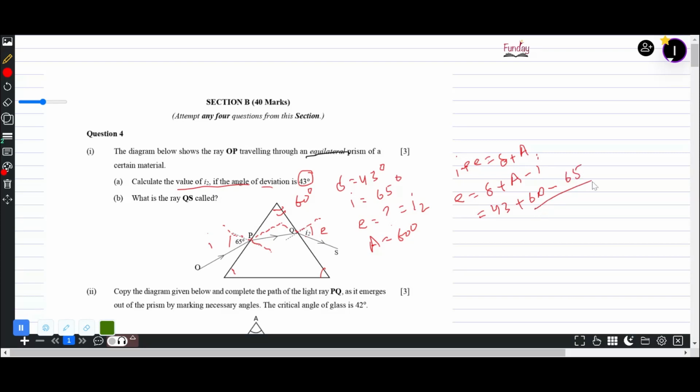You see 60 minus 65 is minus 5. So 43 minus 5 is 38. 38 and 5 is 43 degrees. So 38 degrees is the answer.